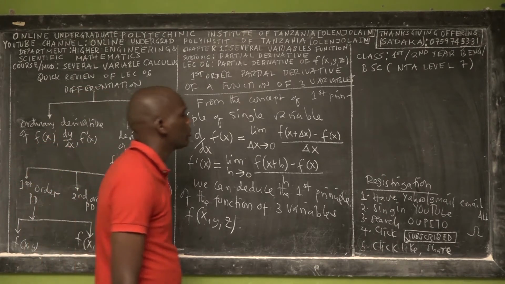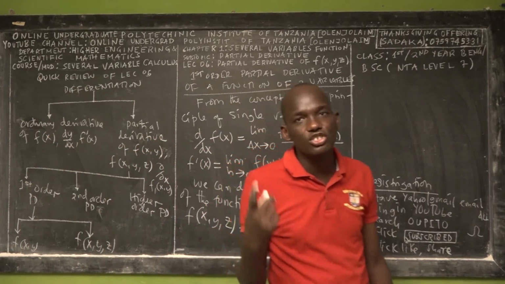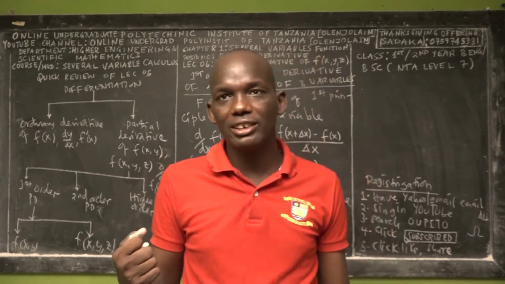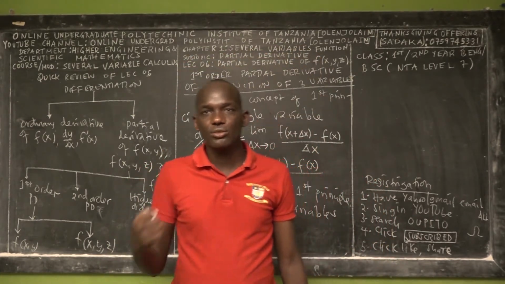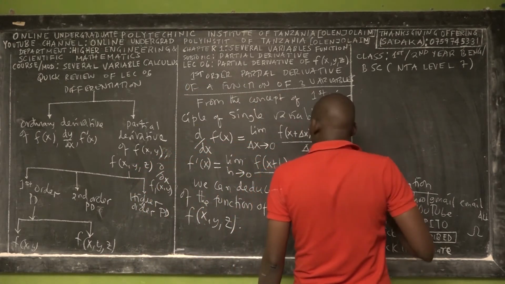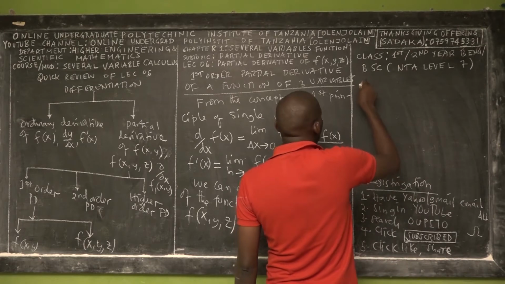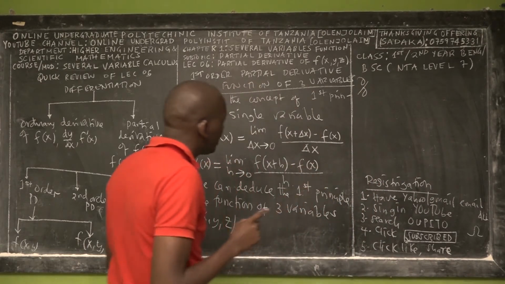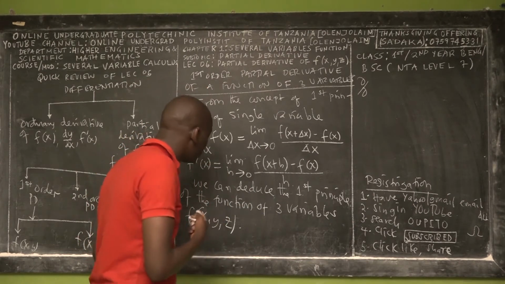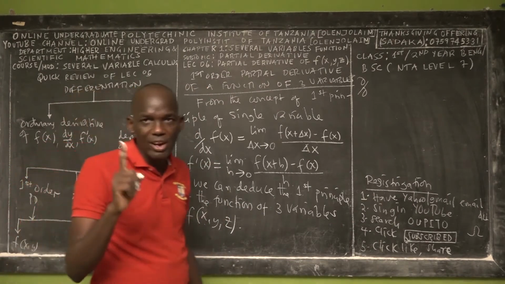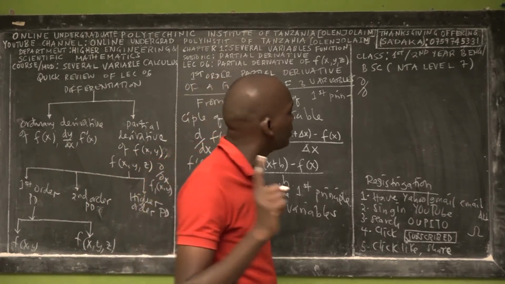So how can we find it? Now, ladies and gentlemen, I'm going to teach about the first principle of partial derivatives of a function of three variables. We are going to have the partial derivatives of the function with respect to each variable when the other variables are kept constant.